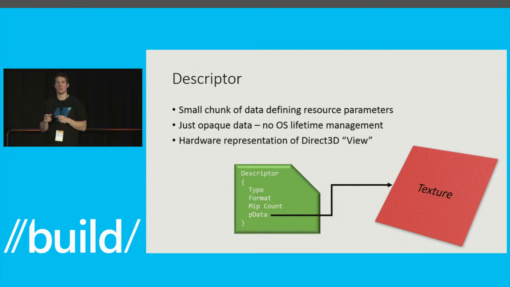So in 11, when you set a binding on a shader stage, the driver behind the scenes would take the view object, copy the descriptor to the current location in the rendering stream where the GPU is reading descriptors, and then have the GPU read from that while it's sampling.